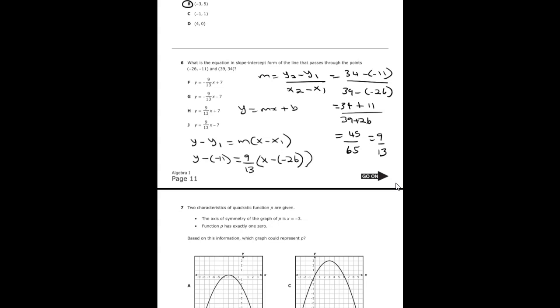This is going to give me y plus 11 equal to 9 over 13 x, and then this is going to become plus 18. So y is equal to 9 over 13 x plus 7, because you subtract 11 from both sides. So 9 over 13 x plus 7, and that's going to be the answer.